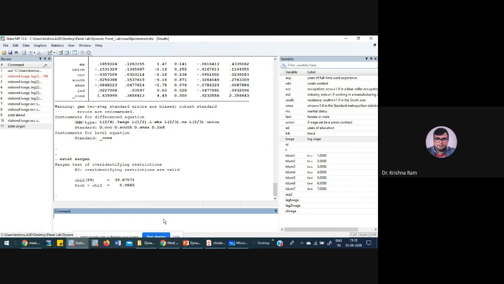So generally these two commands are run as tests for specification of the model, and if you get such a result, that means you are moving in the right direction.